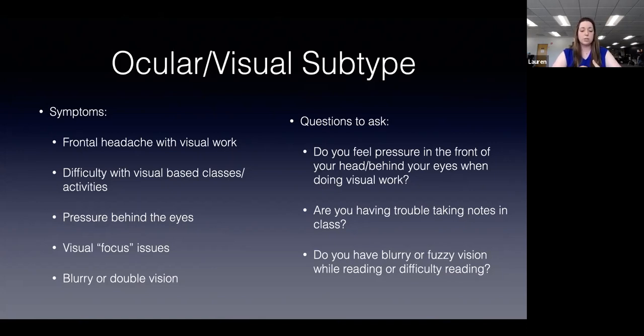For these individuals, symptoms are going to be a frontal headache with any kind of visual work, difficulties with visual-based classes and activities, feeling pressure behind the eyes, having trouble visually focusing, and blurry vision and double vision. During any assessments that you do, on computerized neurocognitive testing, they may have visual memory deficits and delayed reaction times.